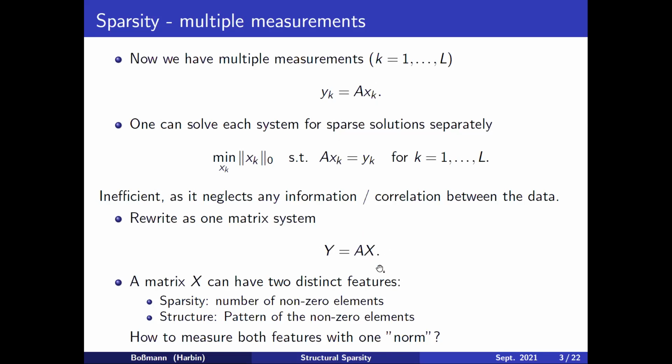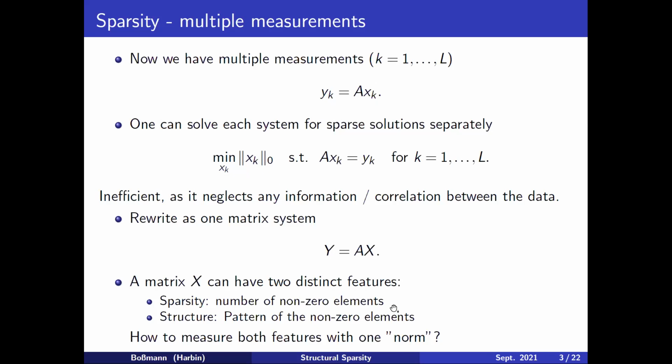And when we look at the problem this way, then suddenly this matrix X can have two properties. The first one is still the sparsity, so the number of non-zero elements, which is the same property as in the single measurement case. So we still have some sparsity to measure here.